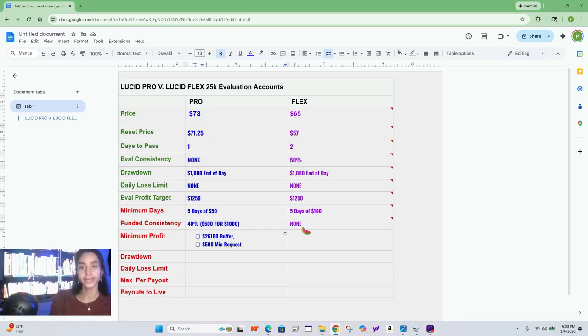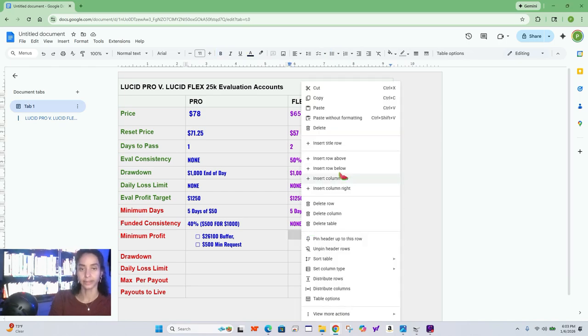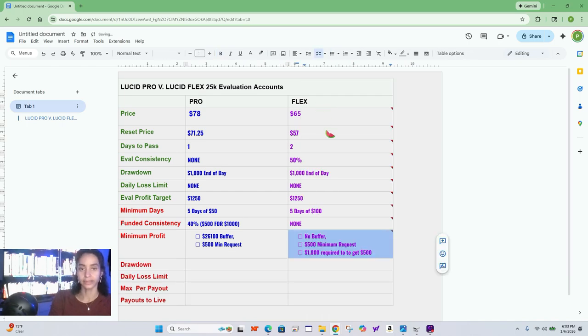Now, on the Flex account, there is no buffer, and this is a little bit tricky because they emphasize that there's no buffer on the Flex account. However, on the Flex account, you can only withdraw 50% of your profits made. And there's a $500 minimum request requirement.